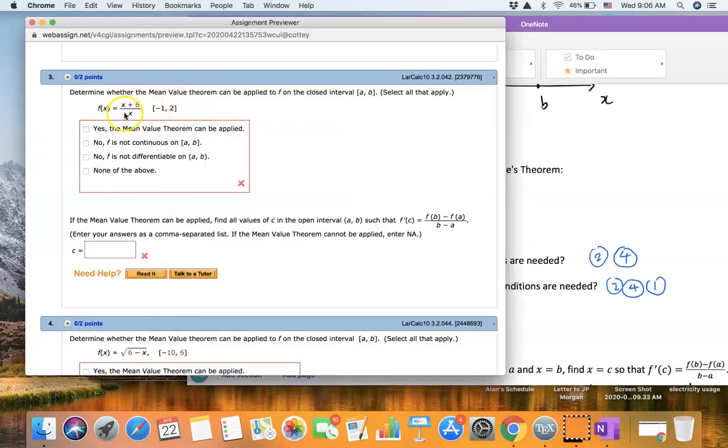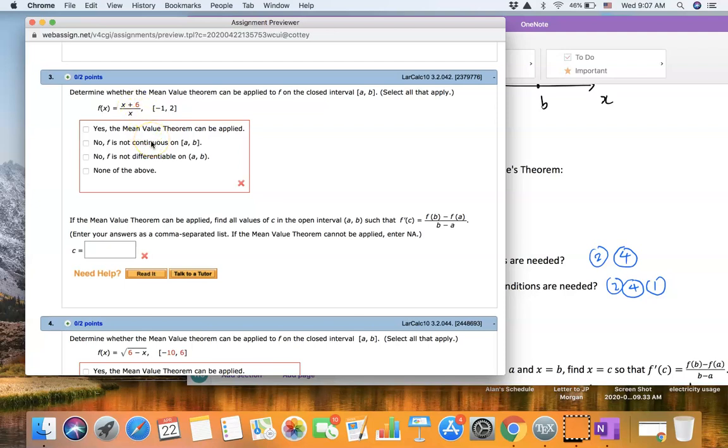So if this function f(x) is continuous from -1 to 2 and is differentiable on the open interval from -1 to 2, then that means we can apply the mean value theorem to this function.